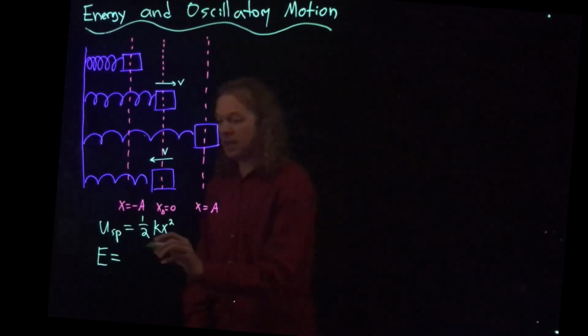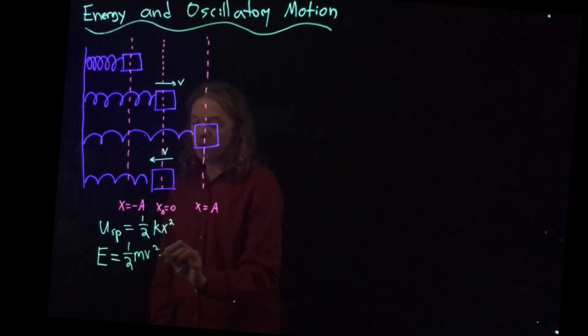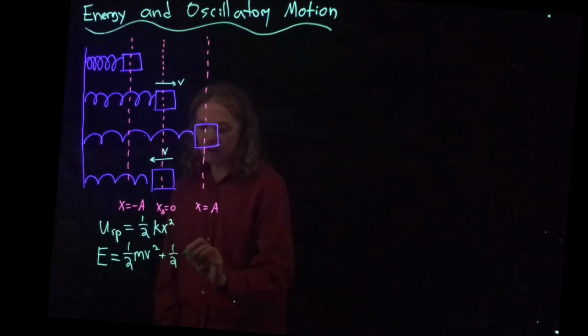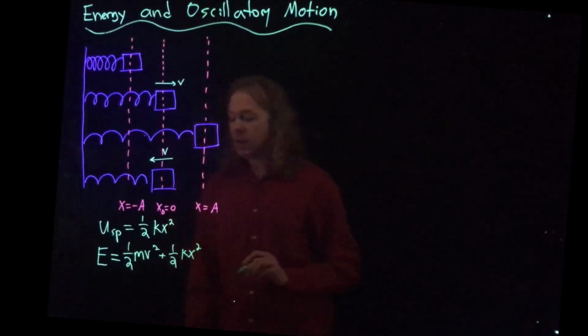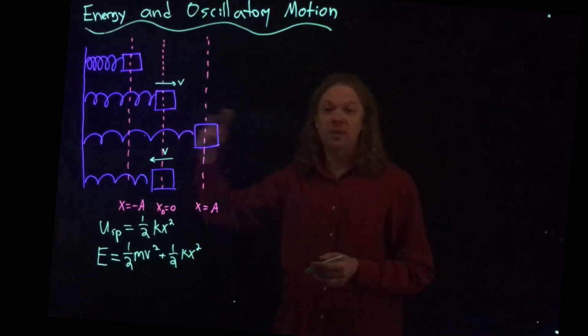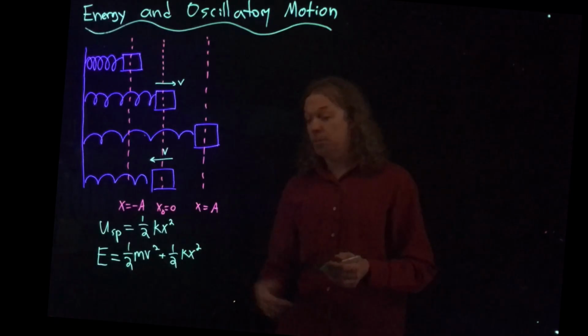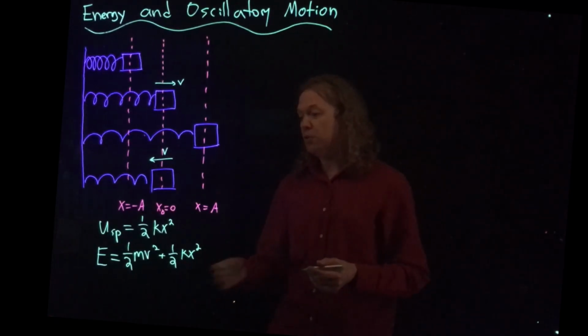So I can immediately write down the total energy of this system: 1/2 mv squared plus 1/2 kx squared. Of course, the v and the x are changing as the block bounces back and forth across its equilibrium position. That's a pretty simple way of writing the energy of the system.